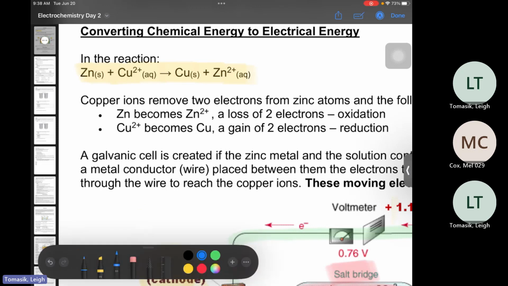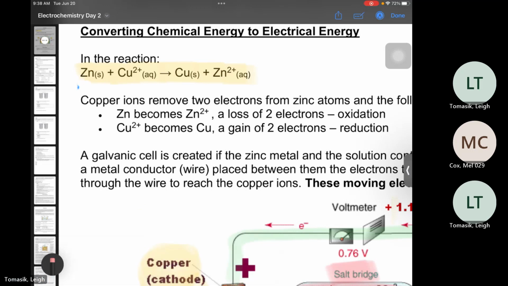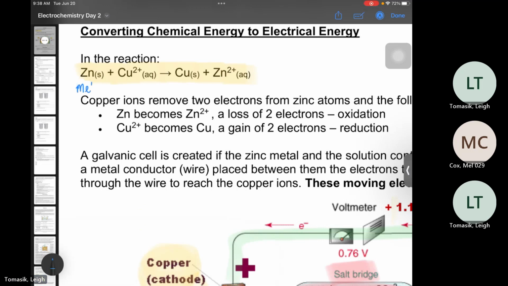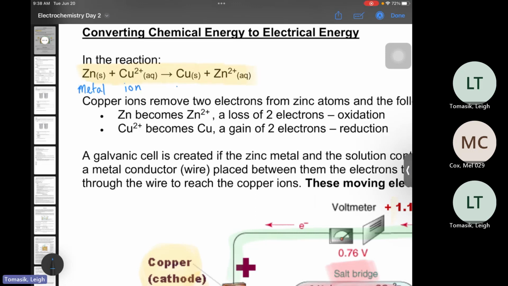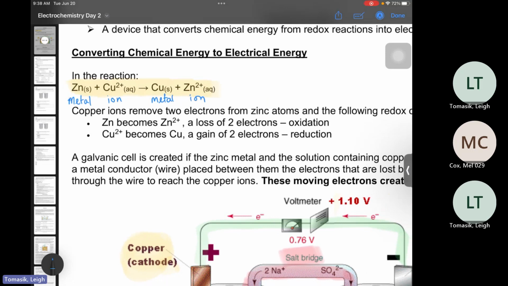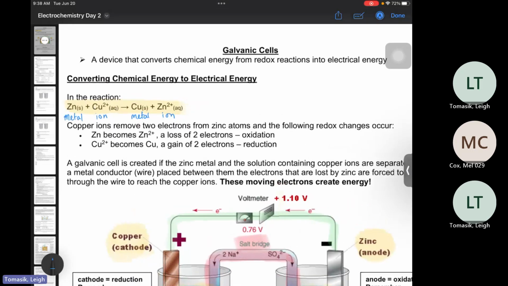So the solid one is our metal, plus a copper ion, because it has the charge there, makes copper metal and a zinc ion. Okay, this is a redox reaction. It says copper ions remove 2 electrons from zinc atoms, and the following changes occur.